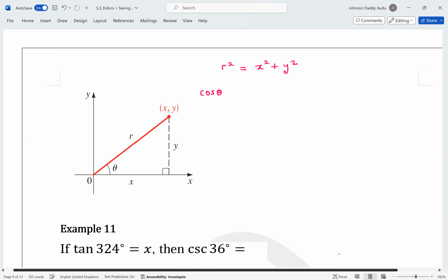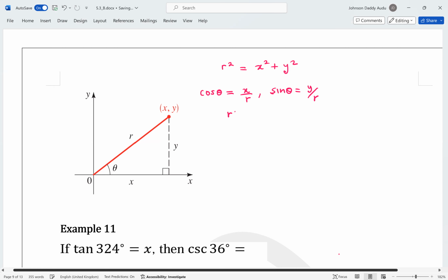Cosine theta is x over r, right? And we know that sine theta is y over r. You know this.